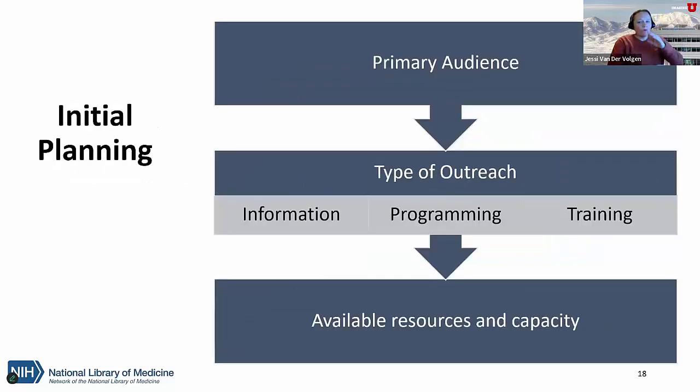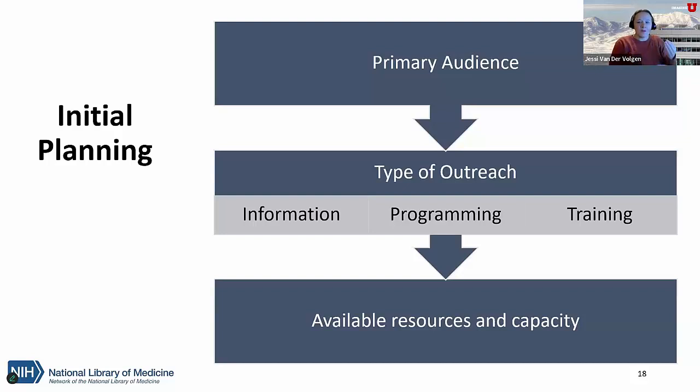Okay. So once you've had a chance to review some of your community health needs, you can identify your intended or primary audience and then consider the type of outreach or programming that is appropriate for this audience.